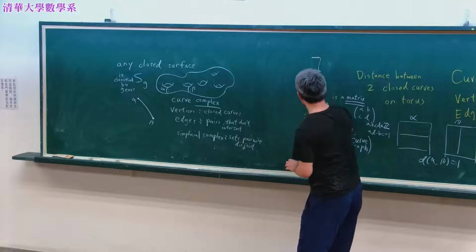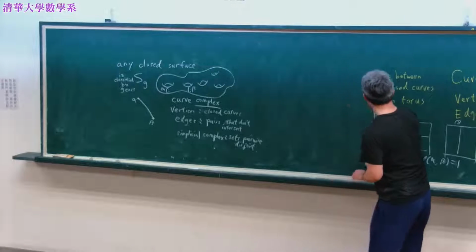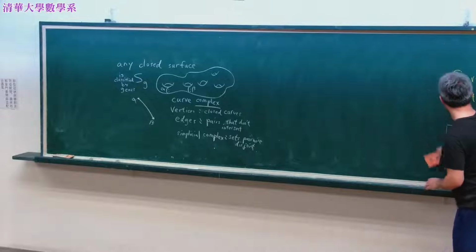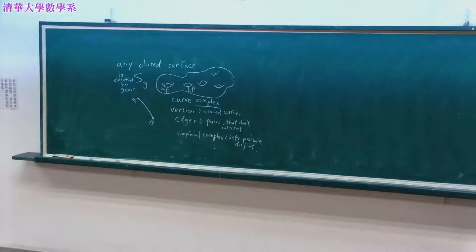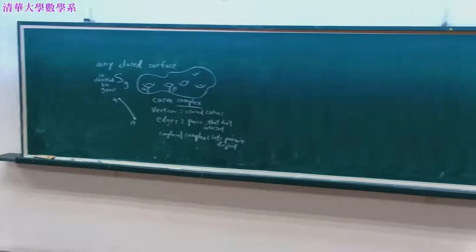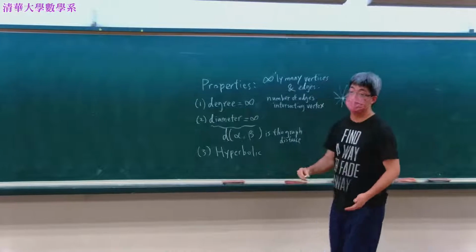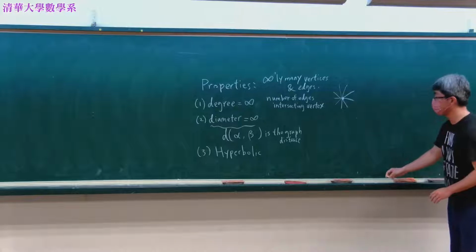I'm erasing some of these middle things. We don't need all of these, and we don't need this as well. And we're going to add this third property, which might not be of meaning to a lot of people.